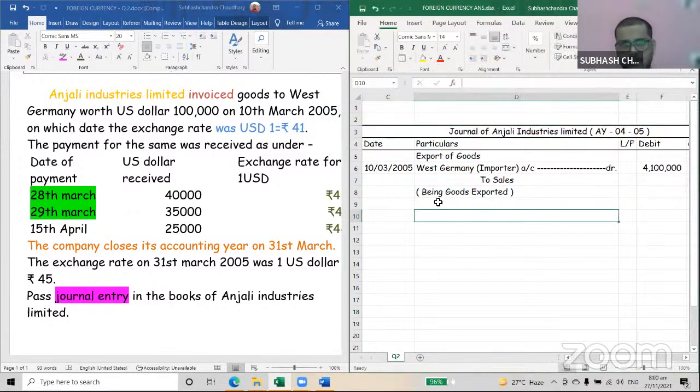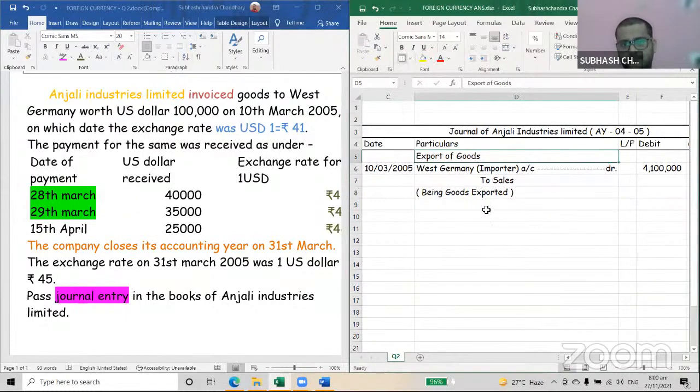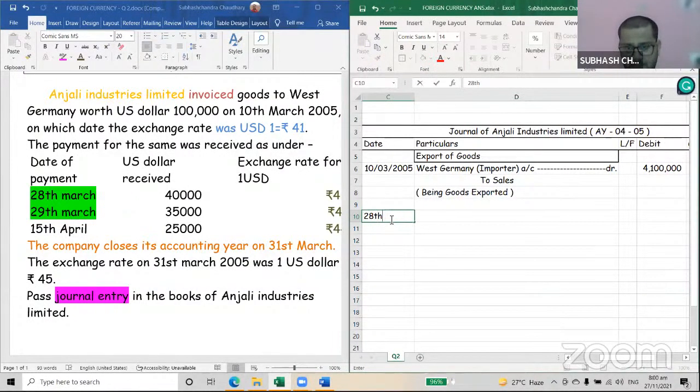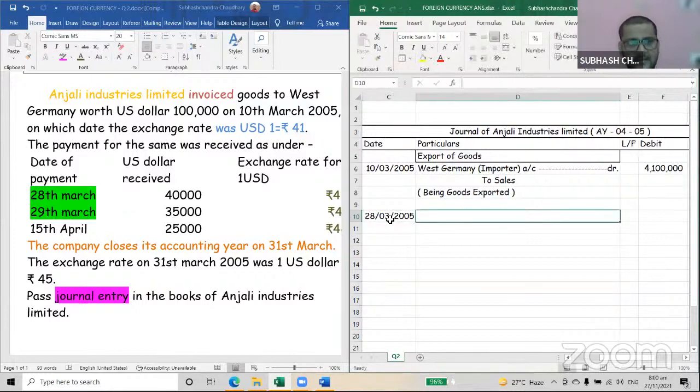Now, the next entry will be on the date of payment. And what is the date of payment? The date of payment is 28/03/2005.